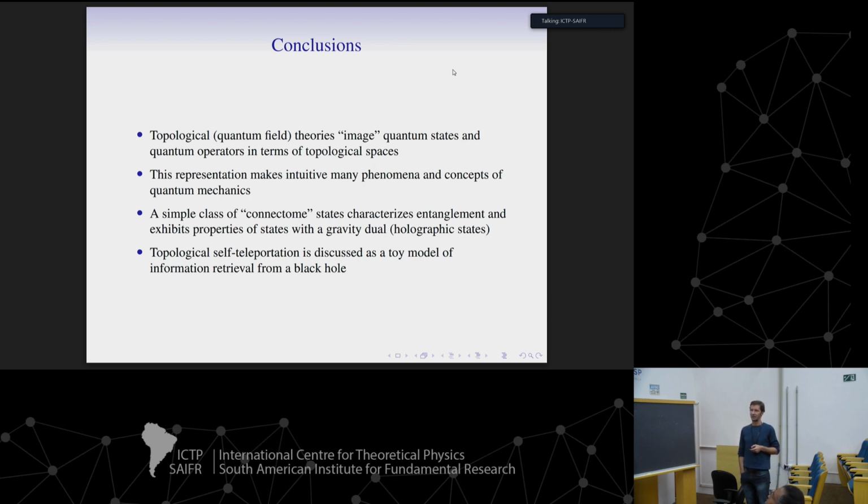It's not connected directly with gravity, but due to the connection between Chern-Simons theory and holography, AdS-CFT in lower dimensions, it might be useful for understanding the holographic description. One attempt made here was to build a small toy model of information extraction from the interior of the black hole. Thank you very much.